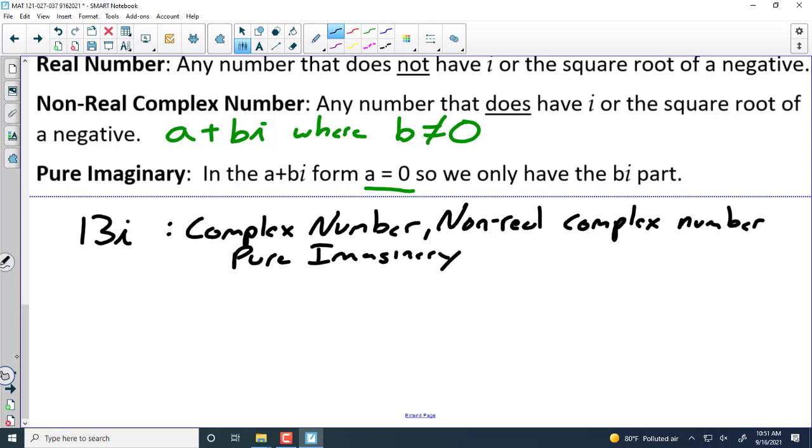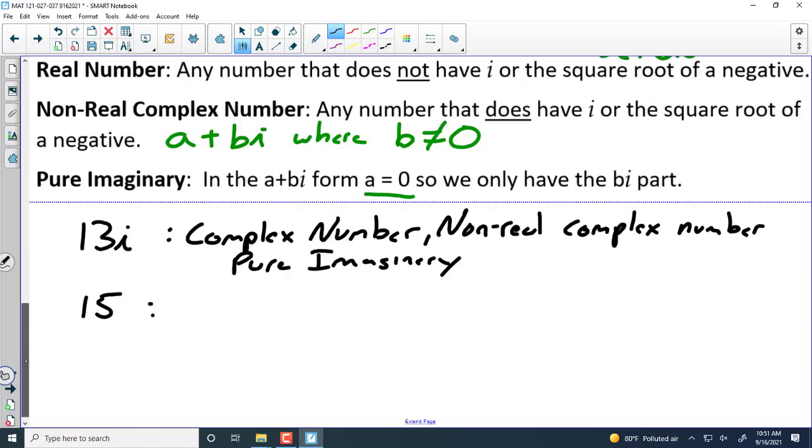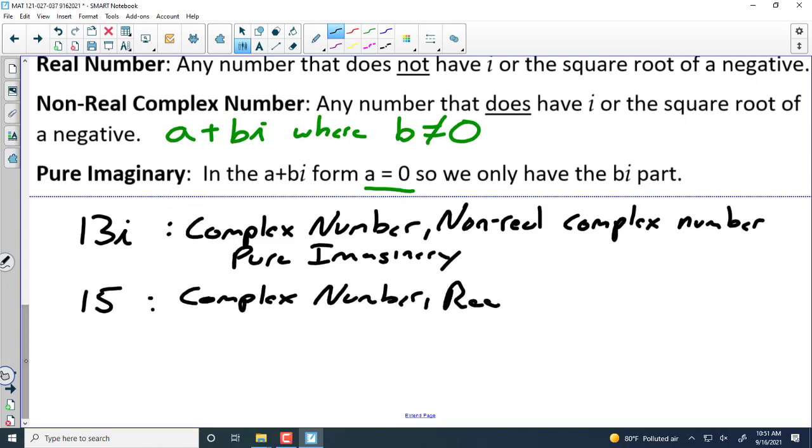So what would something like just 15 be? What would 15 be? A complex real number. It'd be a complex number because every number is complex, agreed? Is 15 also real? Yeah. So this would be a complex number and a real number. And how about this? 2 plus 3i.